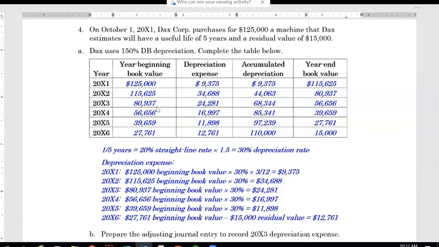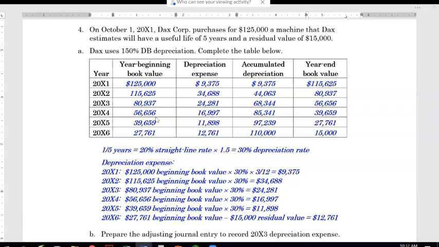We push it to year 3 and multiply it by 30%, and then here we get 24,000 plus 44,000 accumulated depreciation. We have a new accumulated depreciation of 68,000 minus 125 original cost, the book value ends up 56,000.